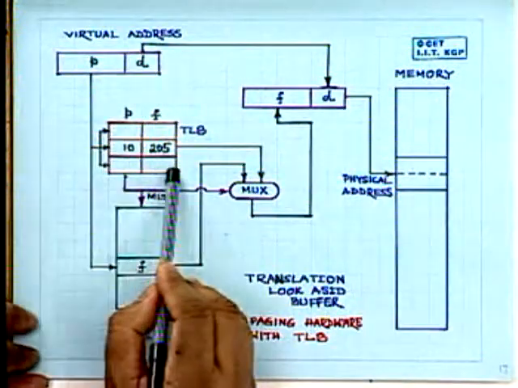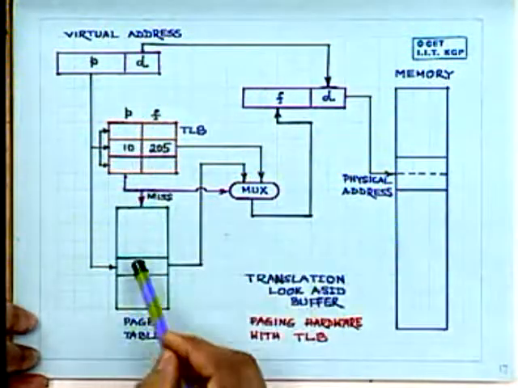Then what can be done? What can be done is exactly what we did in the case of cache memory. I hope you remember that in the case of cache memory, we kept part of the memory in very high speed memories. Here also, in very high speed memory, we keep part of the page table.